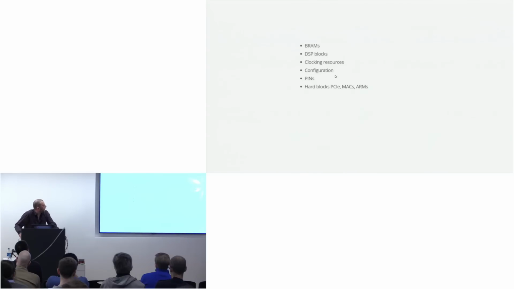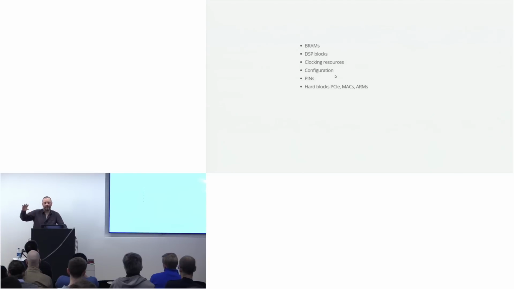Then you've got your clocking resources. These are PLLs and, well, they used to be called DCMs. I think they're MMCMs these days. Basically, they can take a clock signal in and then produce 6 different clock signals out, which are some multiplication and division factor of that input clock, and also phase shift it.